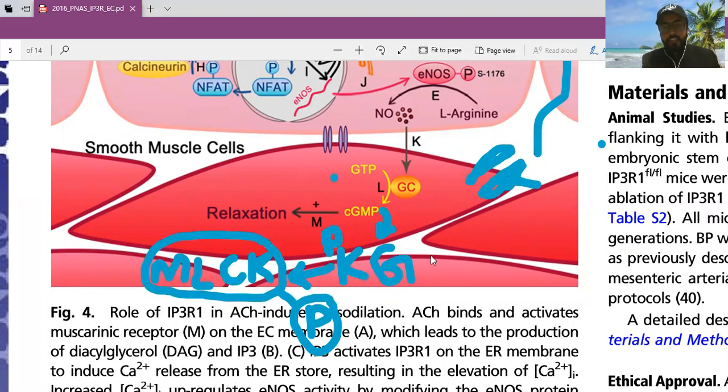When protein kinase G causes the phosphorylation of myosin light chain kinase, it gets deactivated, and when it is deactivated, it will not be able to cause the phosphorylation of the myosin head, and when the myosin head is not phosphorylated, there will be passive vasodilation, because there is no phosphorylation of the myosin head. So in this way, the blood vessels are dilated.